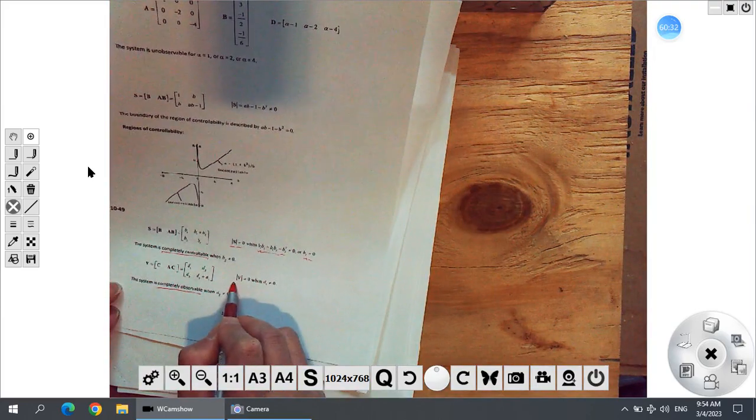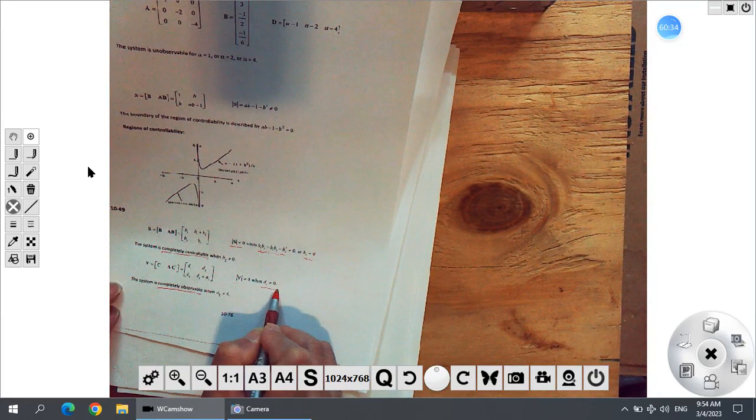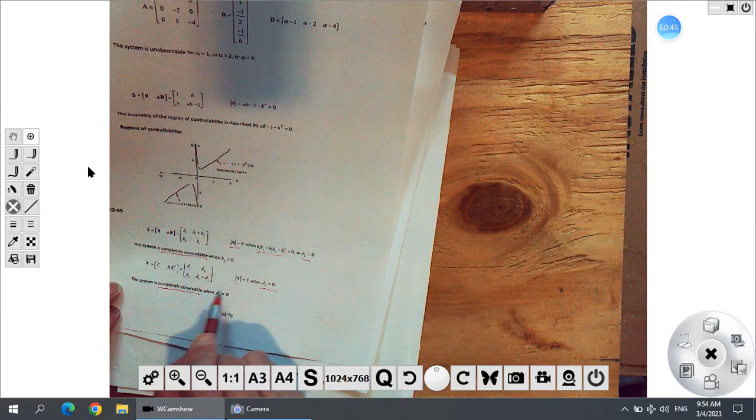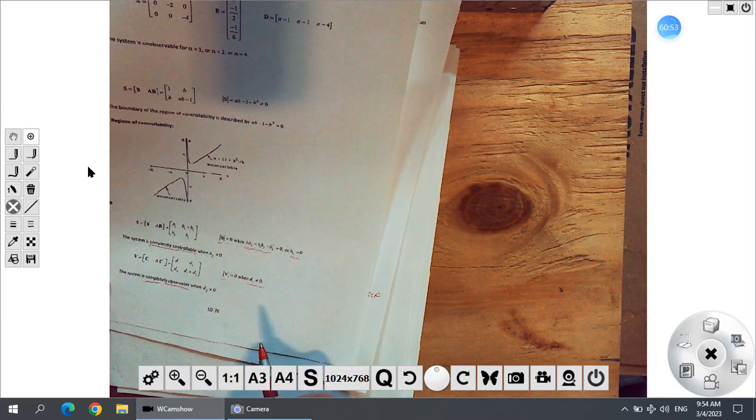When this equal to 0, we get this equal to, when D1 is not 0, or when D3 is not 0, I think this, so D2 cannot be, so complete observable.